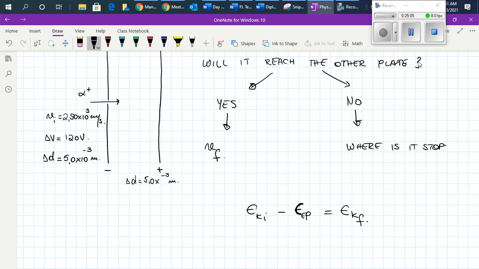However, since we are taking away the electric potential energy, because the electric potential energy is working against the motion of the particle, let's see and compare those two together. So is kinetic energy greater enough to overpass the electric potential energy?